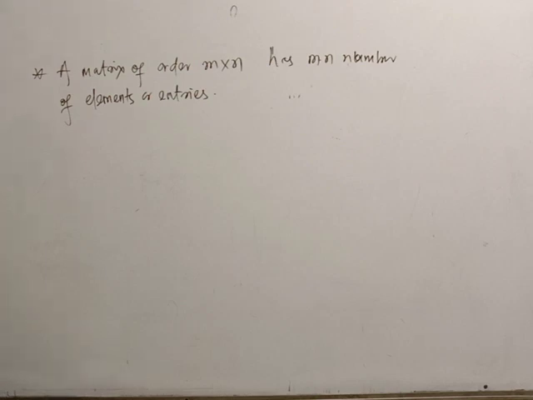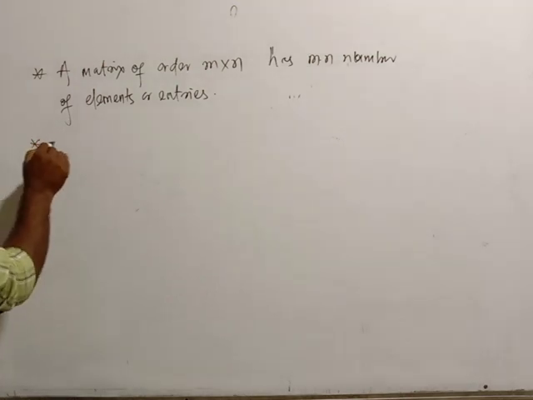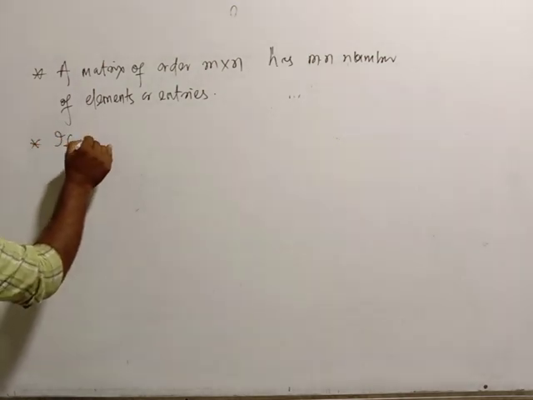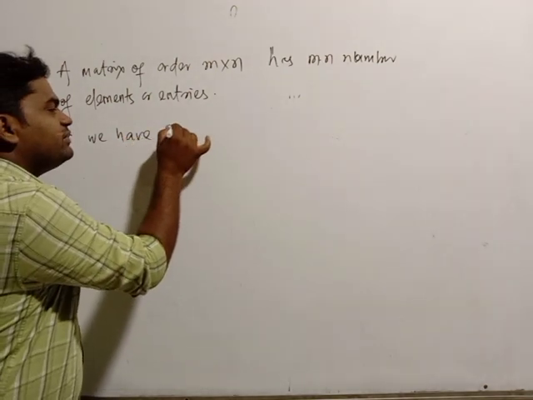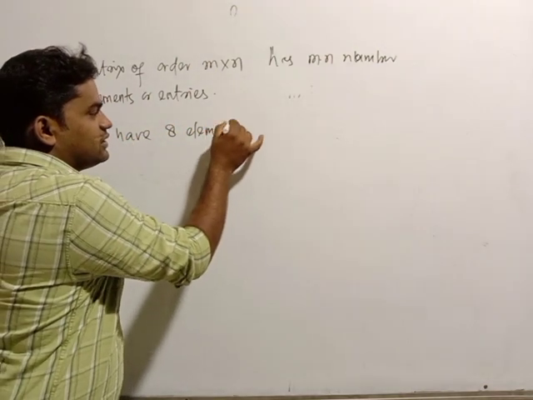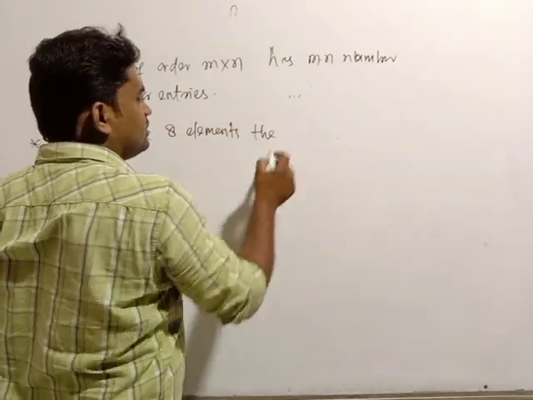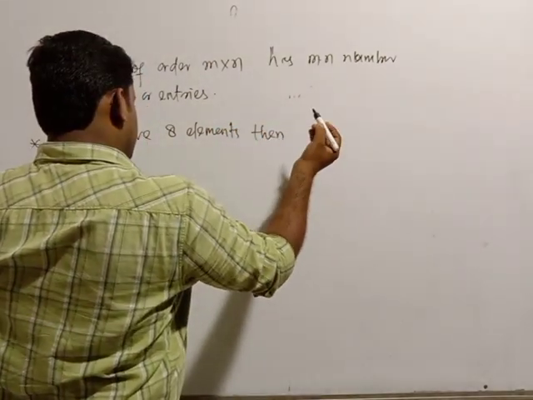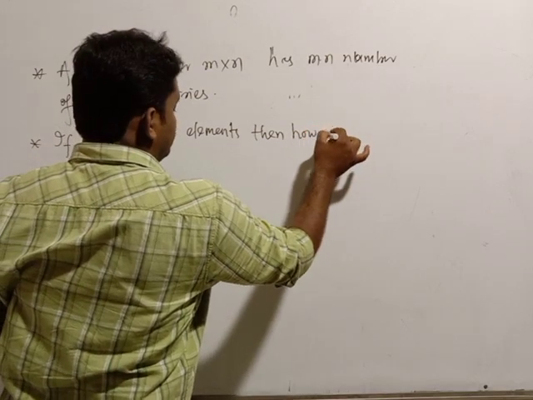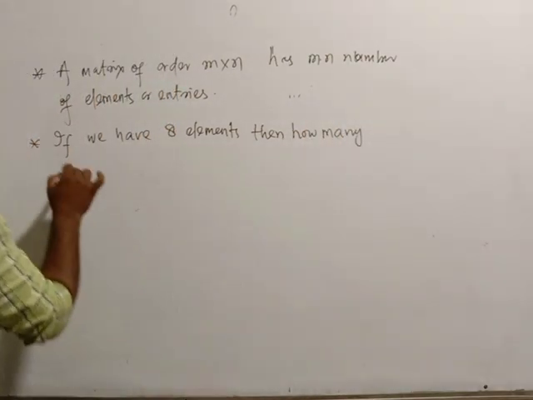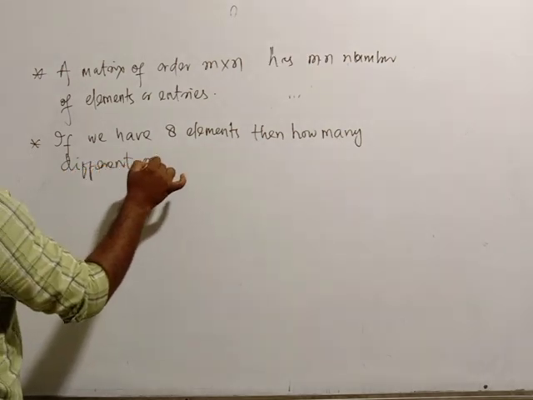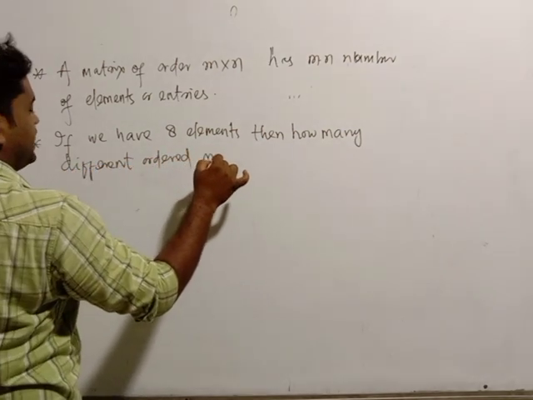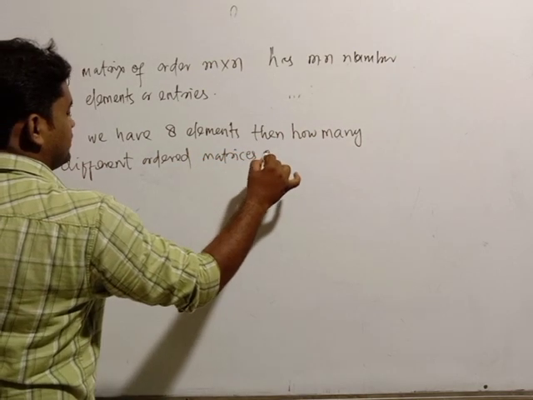So one reverse thing is here. If we have 8 elements, then how many different ordered matrices can be formed?